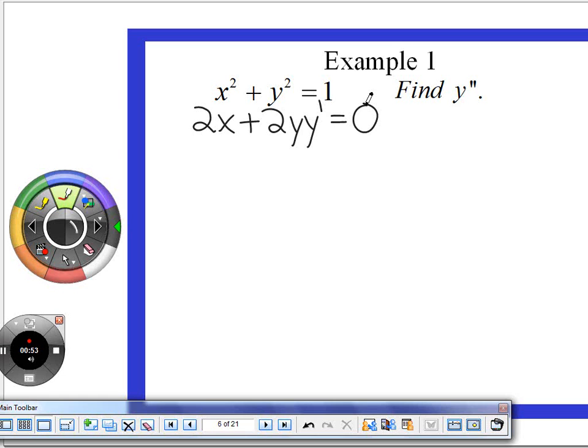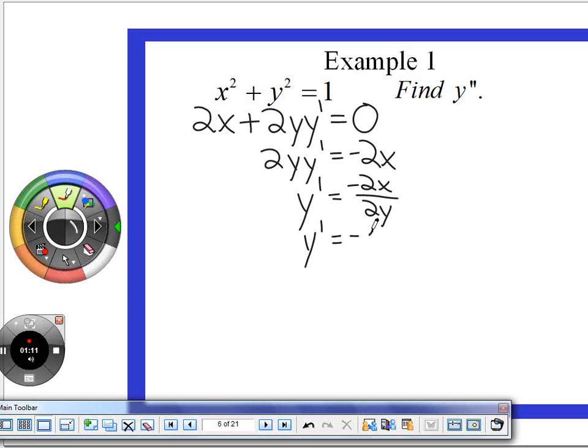Now we're going to isolate our y prime. So 2y prime equals negative 2x, and y prime would equal negative 2x divided by 2y, and so y prime would equal negative x over y.